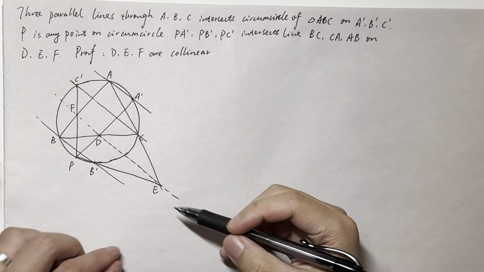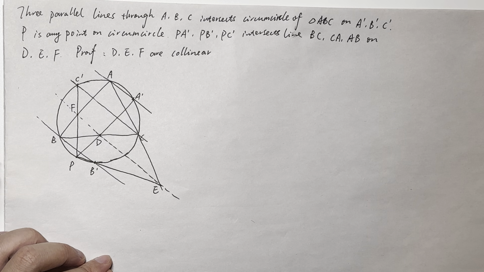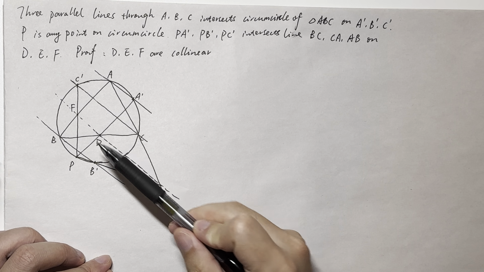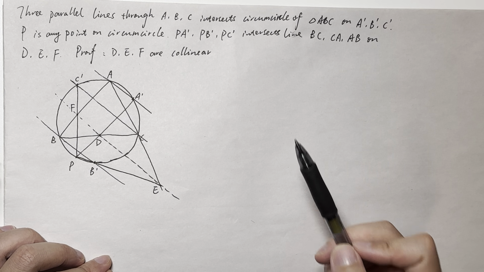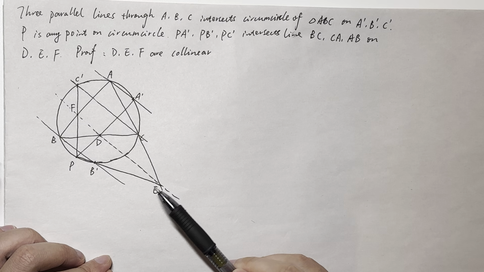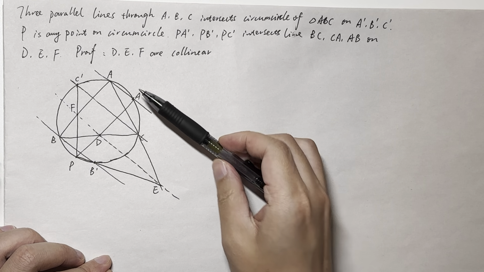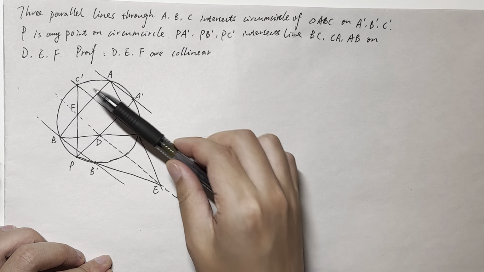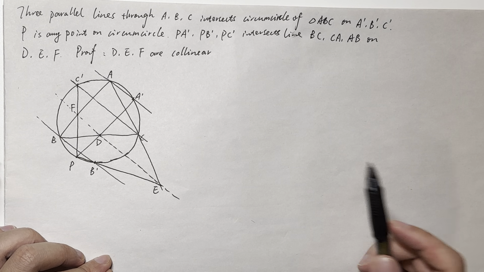So when we draw the figure, the first thing that we can feel is that if D, E, F are collinear, the line DEF is parallel to AA', BB', CC'. That's a feeling from the figure.